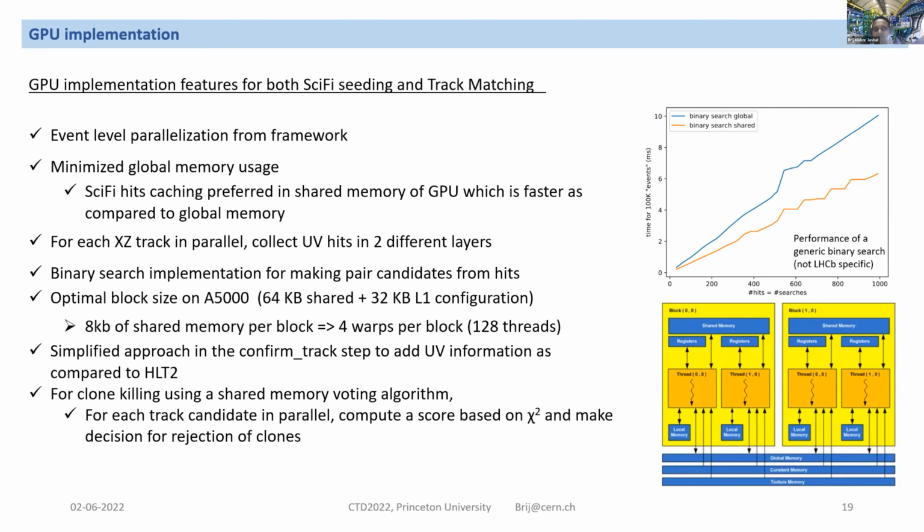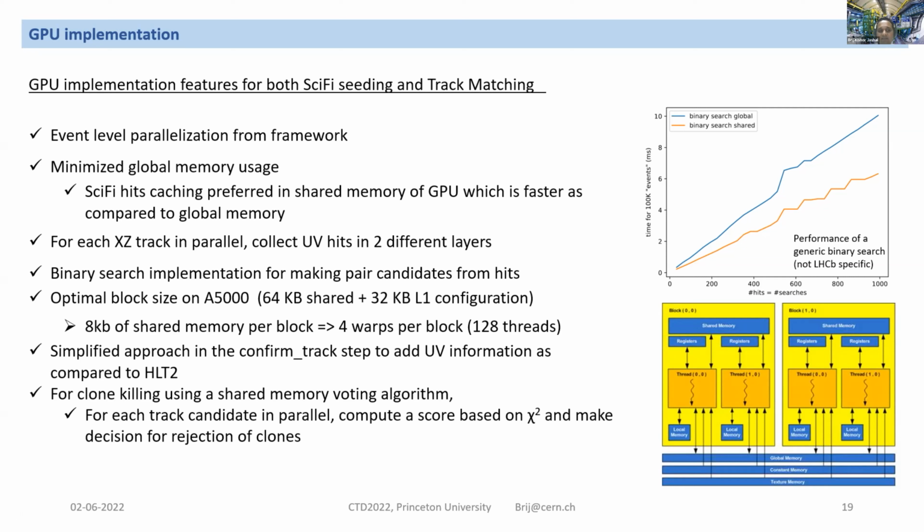For each XZ track, in parallel, we collect the UV hits in 2 different layers. We have an optimized binary search implementation for making the pair candidates from the hits. We also optimize our block size based on the production GPU, the A5000 from NVIDIA, which we are going to use in Run 3.